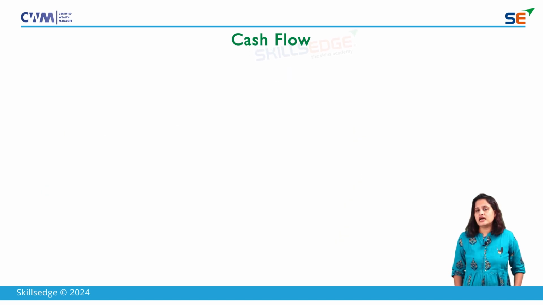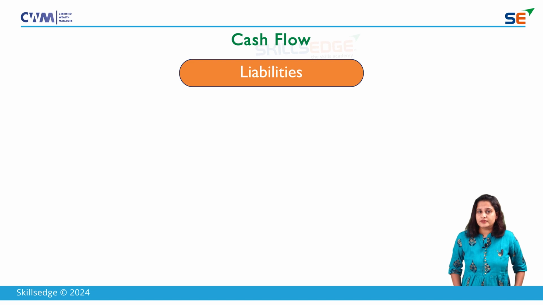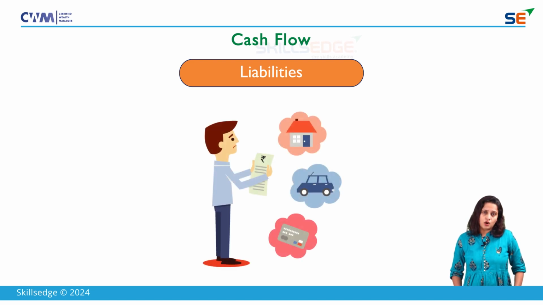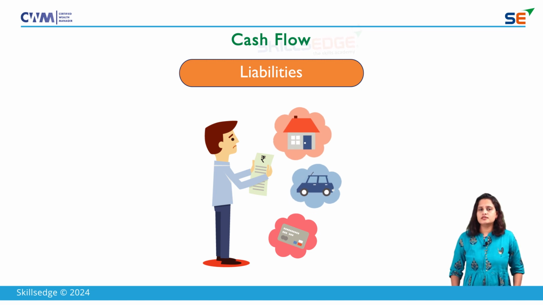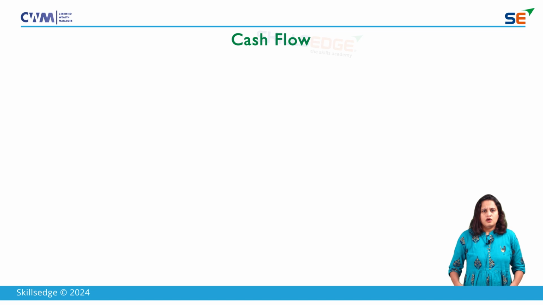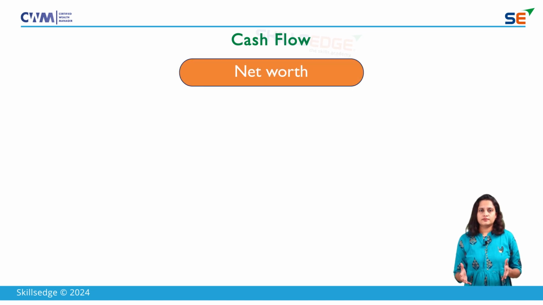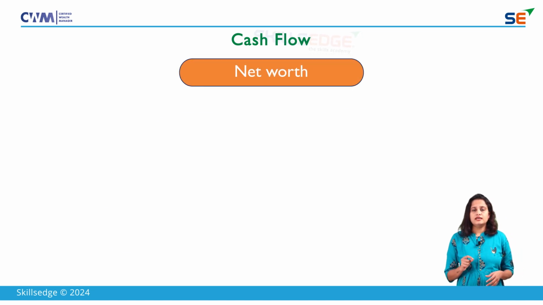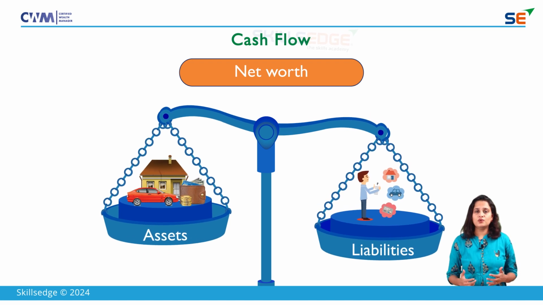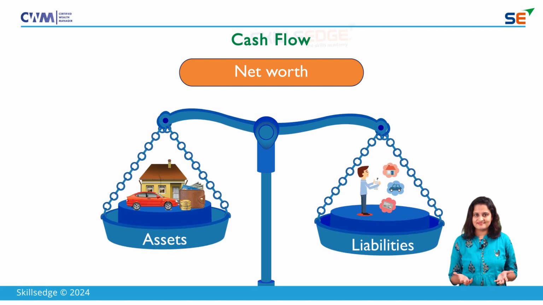Now, let us understand about liability, that is, what you owe or what you should pay. Liability includes current bills, payments still owed on some assets like cars, houses, credit card balances, and other loans.